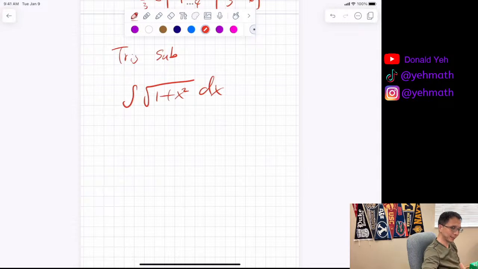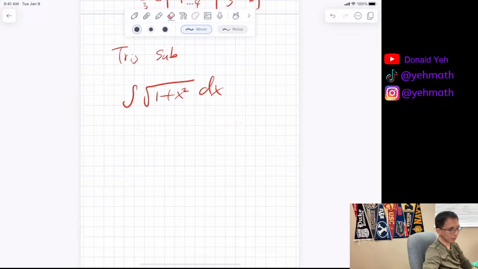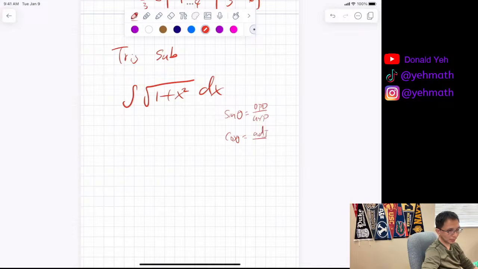I'll give you three choices. Let's just think in terms of sine theta equal to opposite over hypotenuse, and cosine theta is equal to adjacent over hypotenuse.